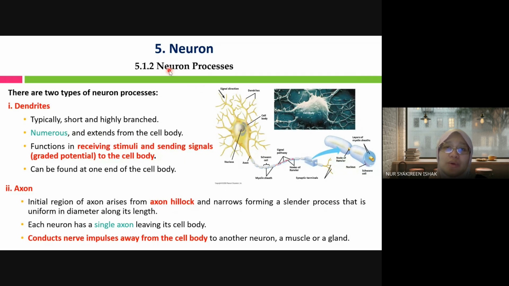Before this neuron, imagine there is a previous neuron. We call it the presynaptic neuron. This neuron is transmitting impulse to this neuron here, the postsynaptic neuron.